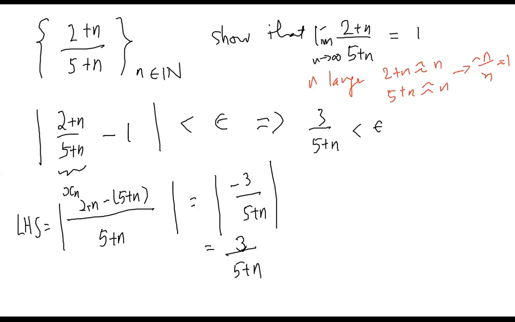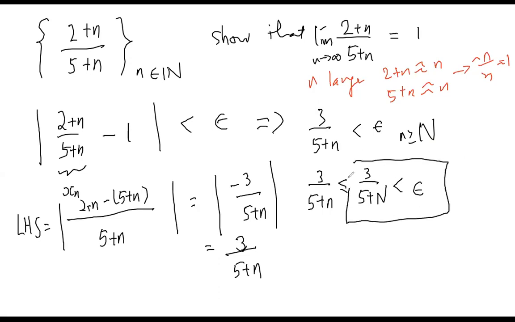You want to find some threshold n such that when your n exceeds this threshold, this inequality will be true. The easiest way is the following. This function is bounded by 3 over 5 plus n, a complete match here. Then you set the condition that this has to be bounded by epsilon, and you just focus on solving for this part.